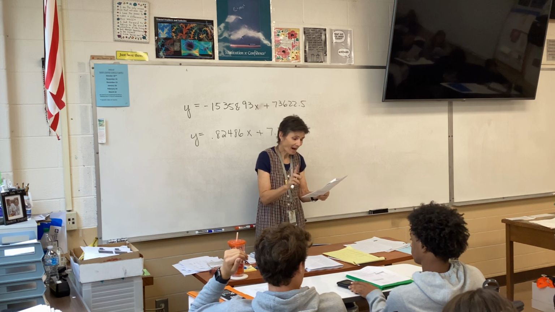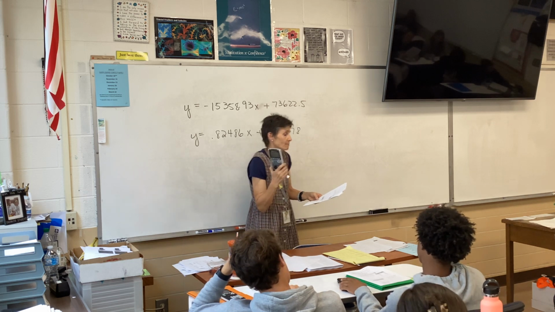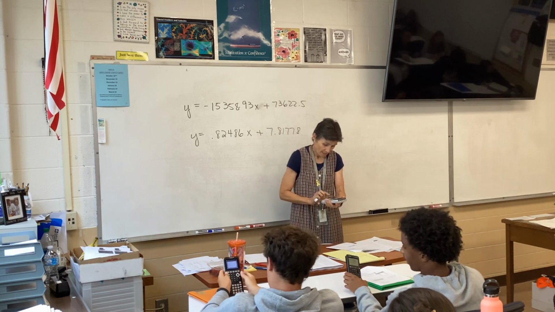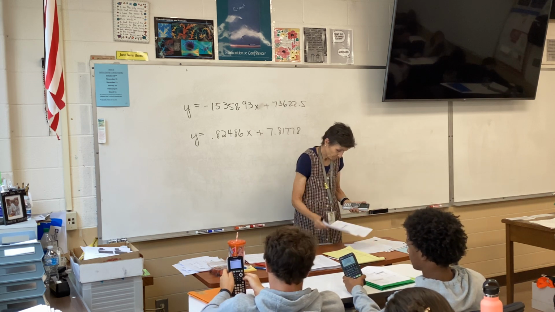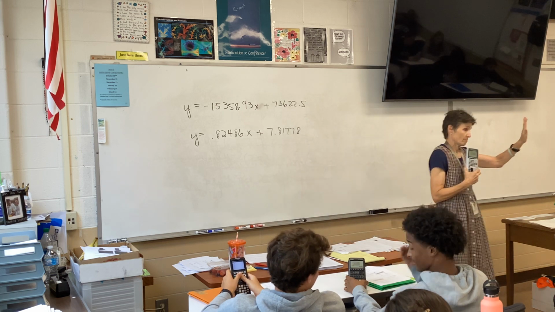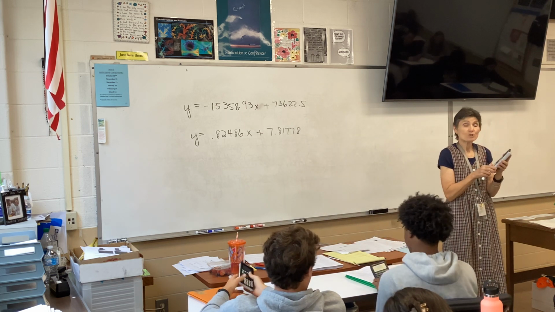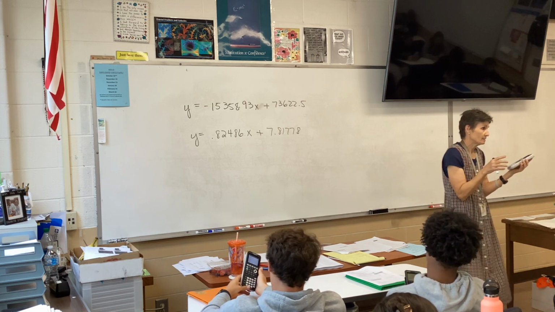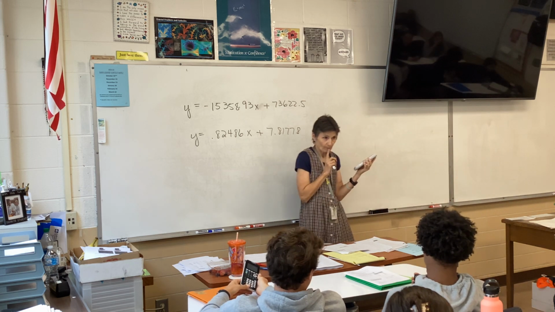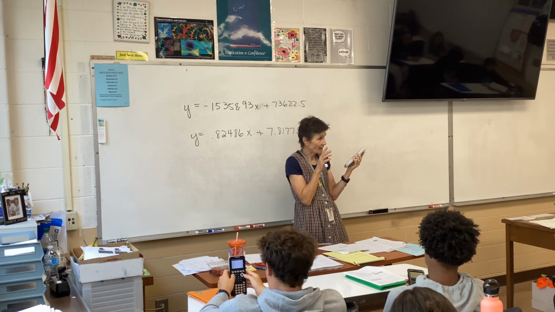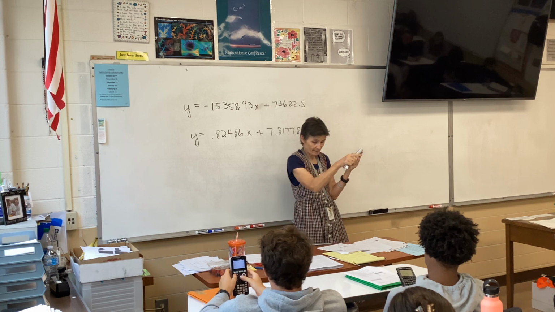Now, we did not draw a scatter plot. Let's go ahead and do that just to review how to do it. All your data is already in, right? But I do need to set my window to accommodate the data. I'm reviewing that with you, not going back over it. Just put your hand down and listen.